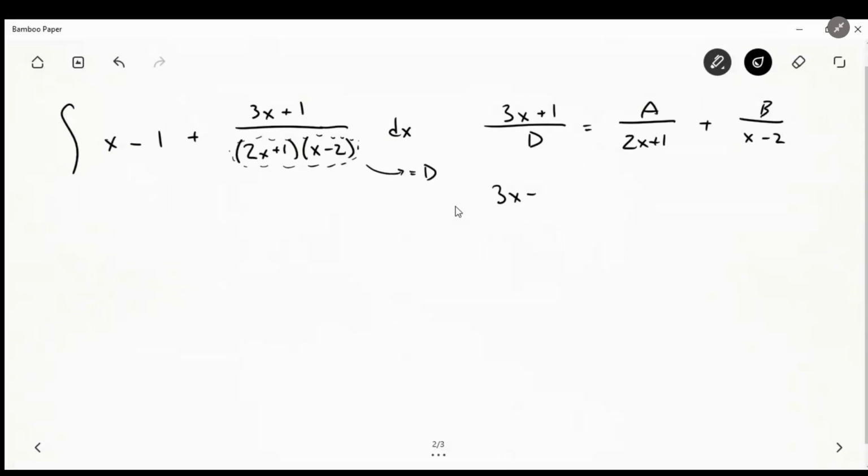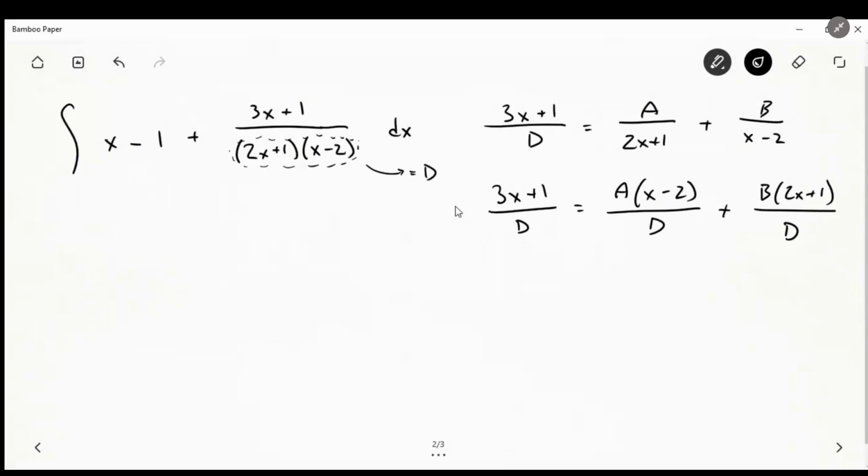So 3x plus 1 over D equals A times x minus 2 over 2x plus 1 times x minus 2. That's just our denominator D, plus B times 2x plus 1 over a denominator.